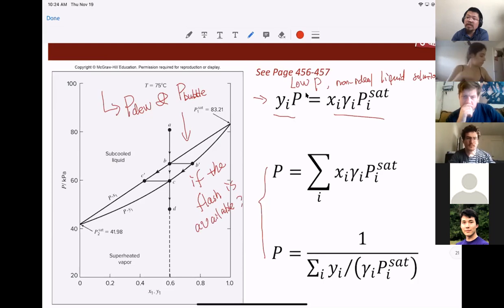Like we just discussed, if you are the production line engineer and you did a bad calculation because of thermal, and you had a bad control of the pressure of your production line, then there's no flash calculation. There's no phase split.